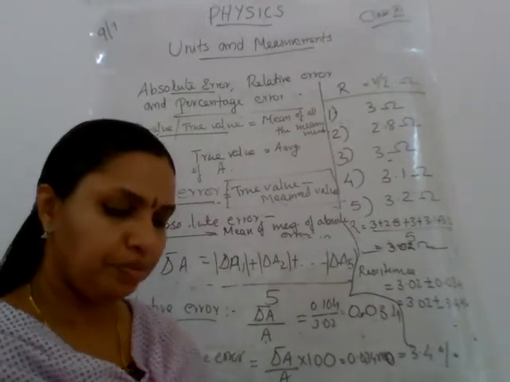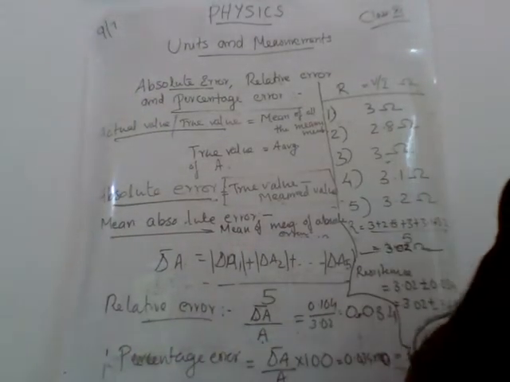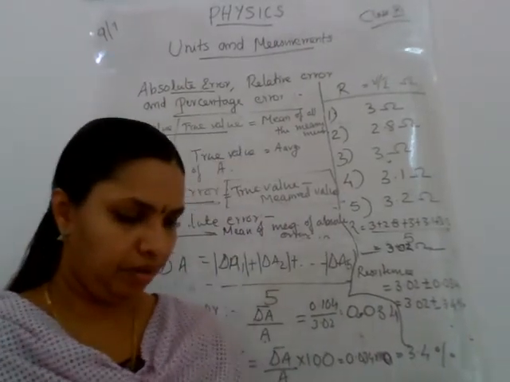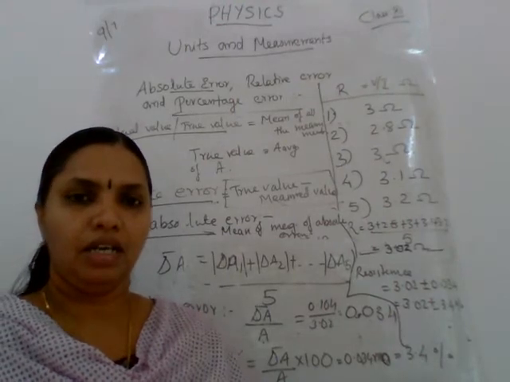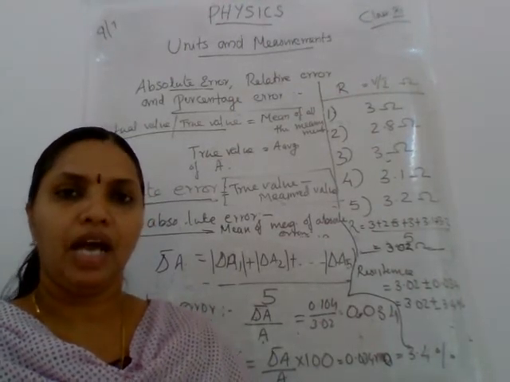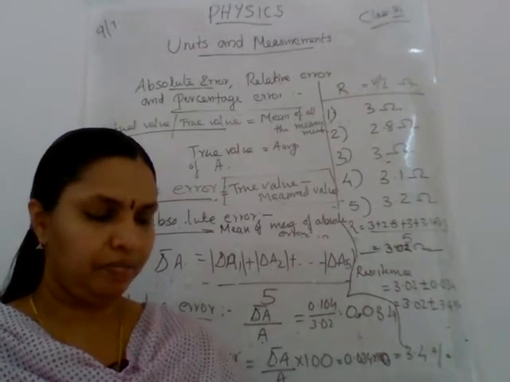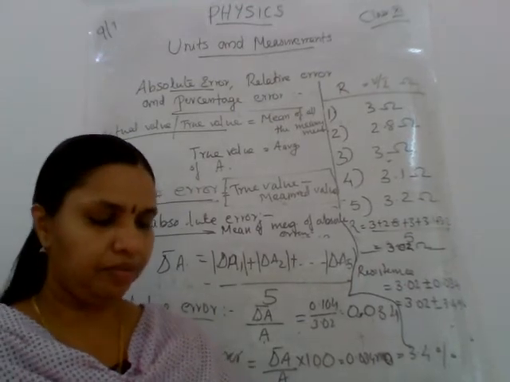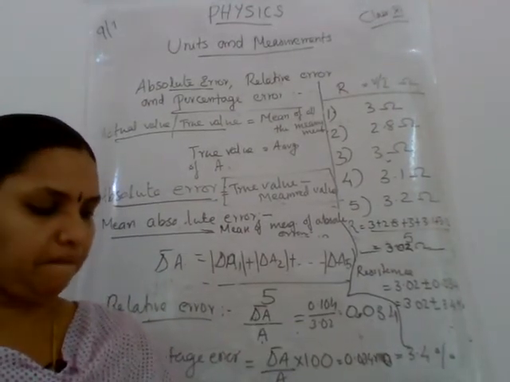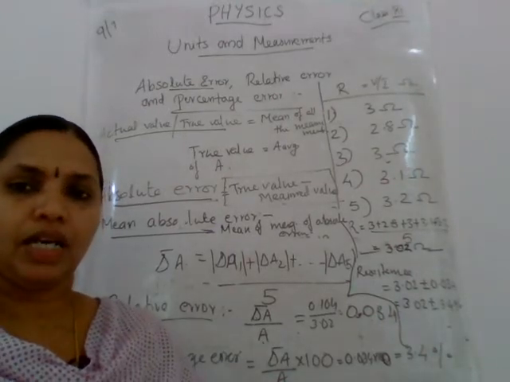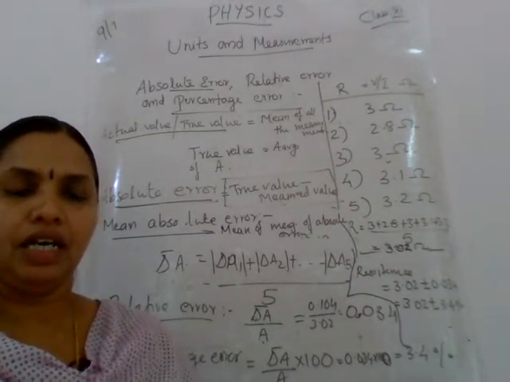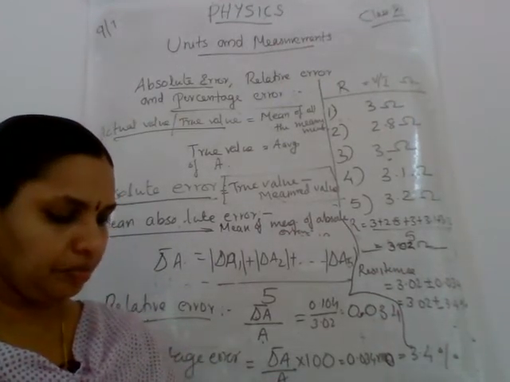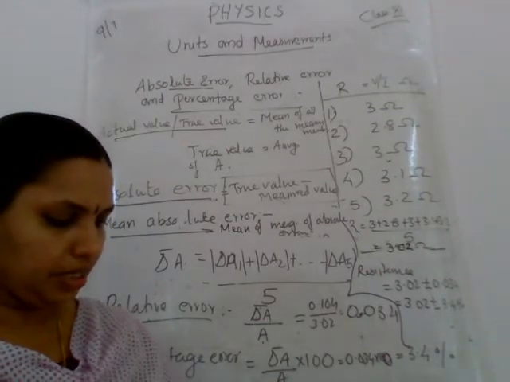So you write down: what do you mean by absolute error, mean absolute error, relative error, and percentage error.